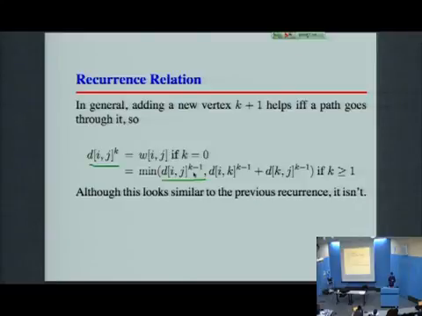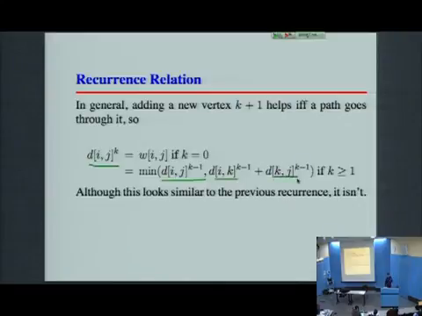Right? The alternative is, I do go through vertex k. In which case, what do I want to do? I will want to go from i to vertex k, and then from vertex k to j.